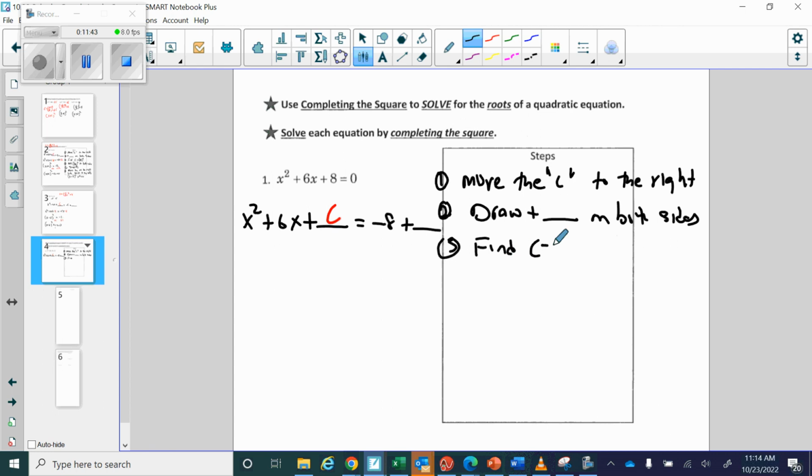Find C, which is going to equal B divided by 2, squared. So C is going to equal 6 divided by 2, which is 3, and squared is equal to 9. So now I'm going to write this as x squared plus 6x plus 9 is equal to negative 8 plus 9.